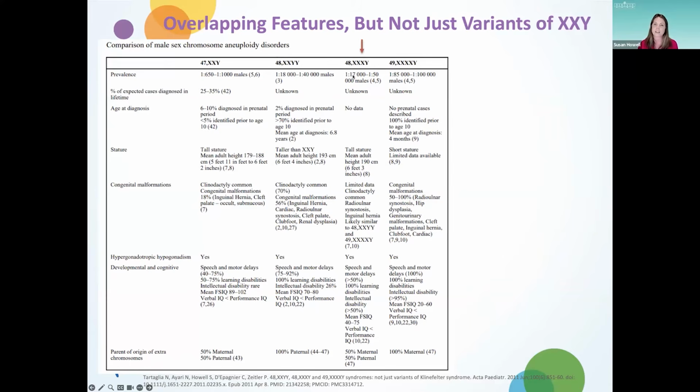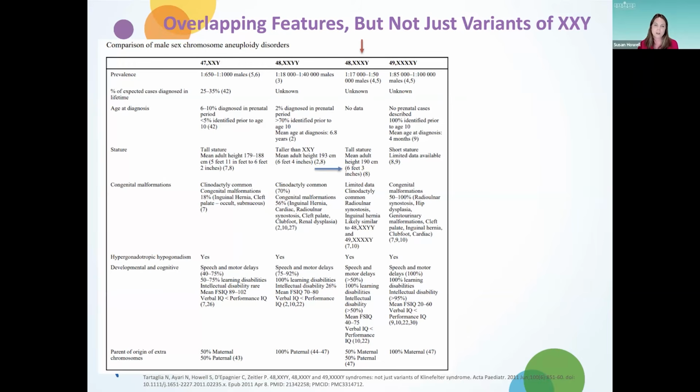It's approximately 1 in 17,000, or I said 18,000 earlier, depending on the study you read. The percentage of expected cases that are actually brought to clinical attention during an individual's lifetime has never really been studied or published. And there's not any data about the age at which individuals are most commonly diagnosed.